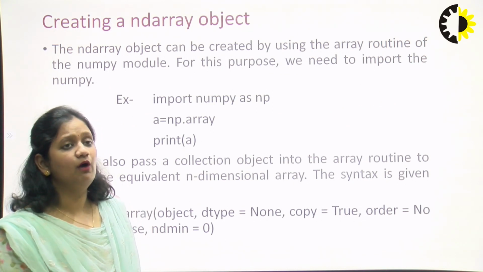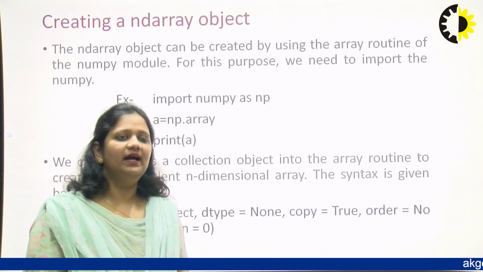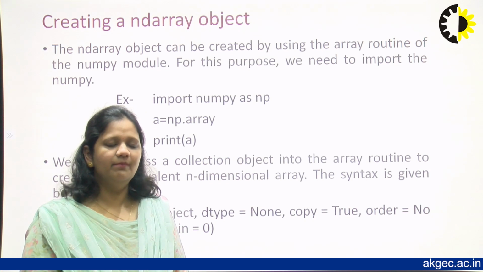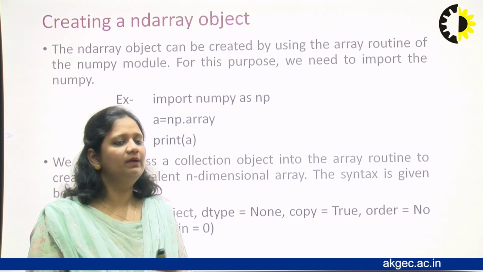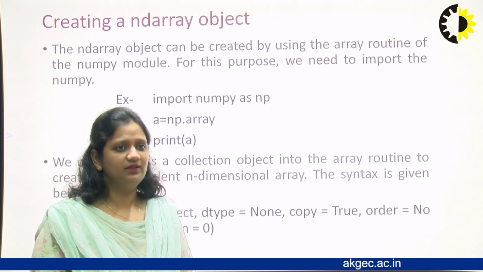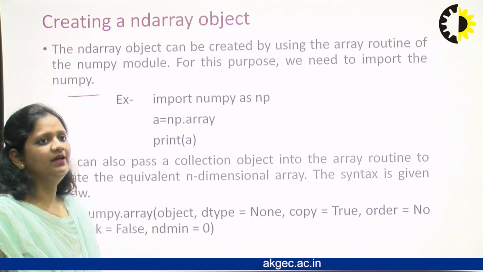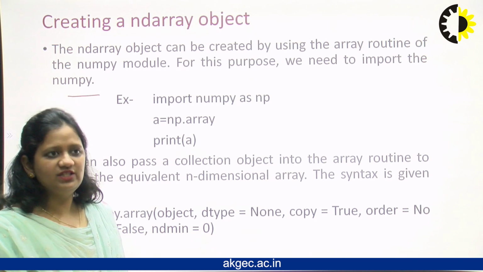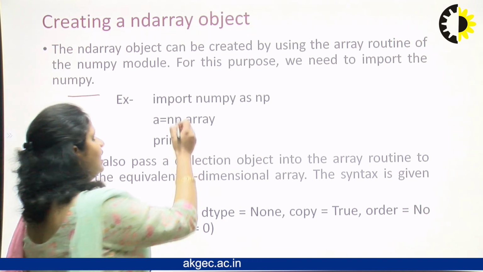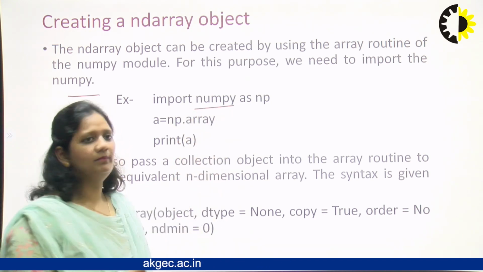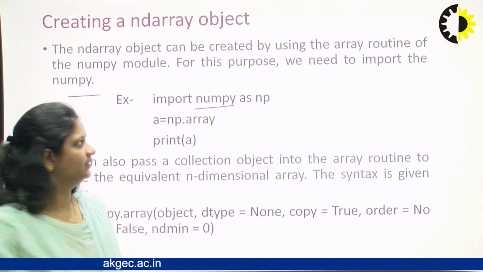Now, how to create an ndarray object. The ndarray object can be created by using the array routine of the NumPy module. For this purpose, we have to import NumPy. If we are using the features of NumPy, first we have to import NumPy, which stands for Numerical Python.